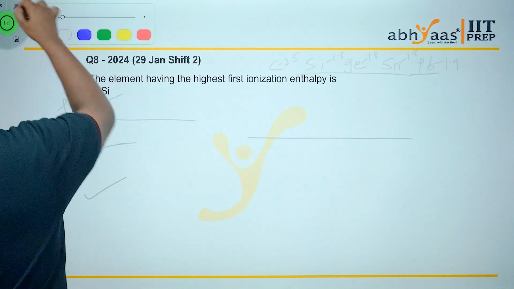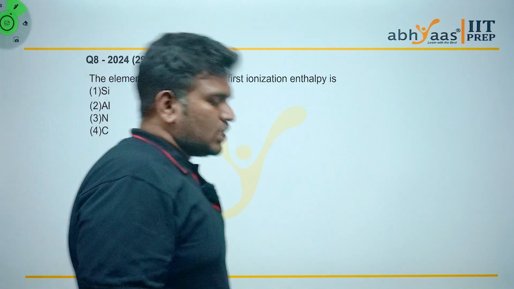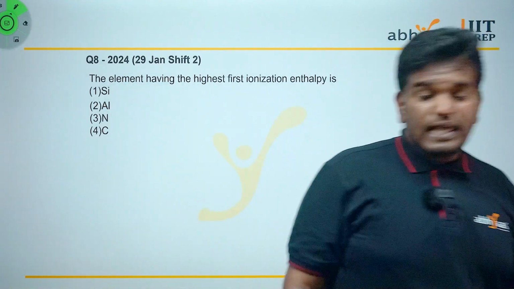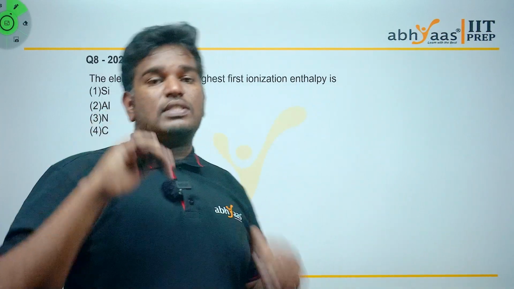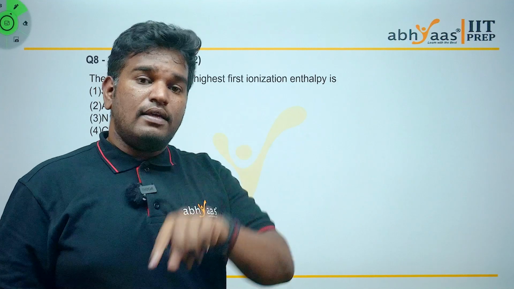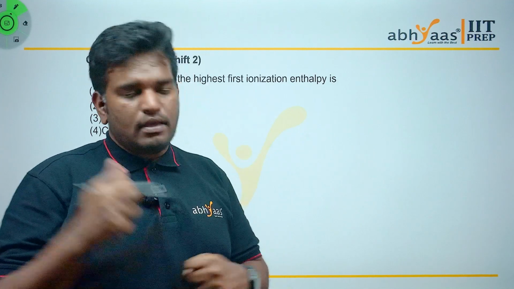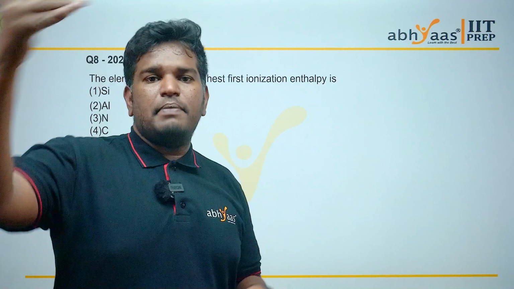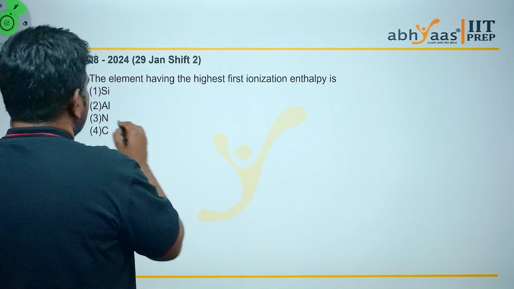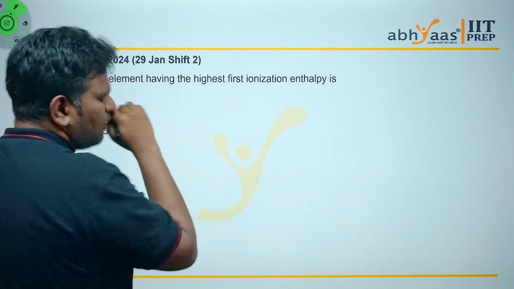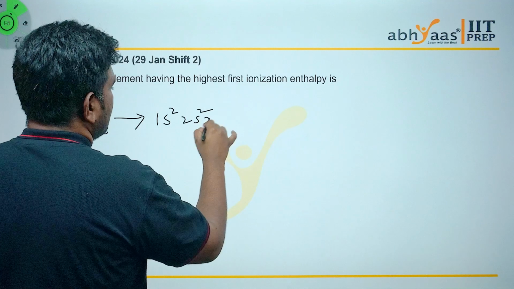Moving to the next one. The element having the highest first ionization enthalpy, that means which will be having more stability, will be having higher ionization enthalpy, right? So that means electron will be having difficulty to move out of that particular atom. In that case, we have to say that nitrogen. What is the configuration of nitrogen? 1s2, 2s2, 2p3, right?